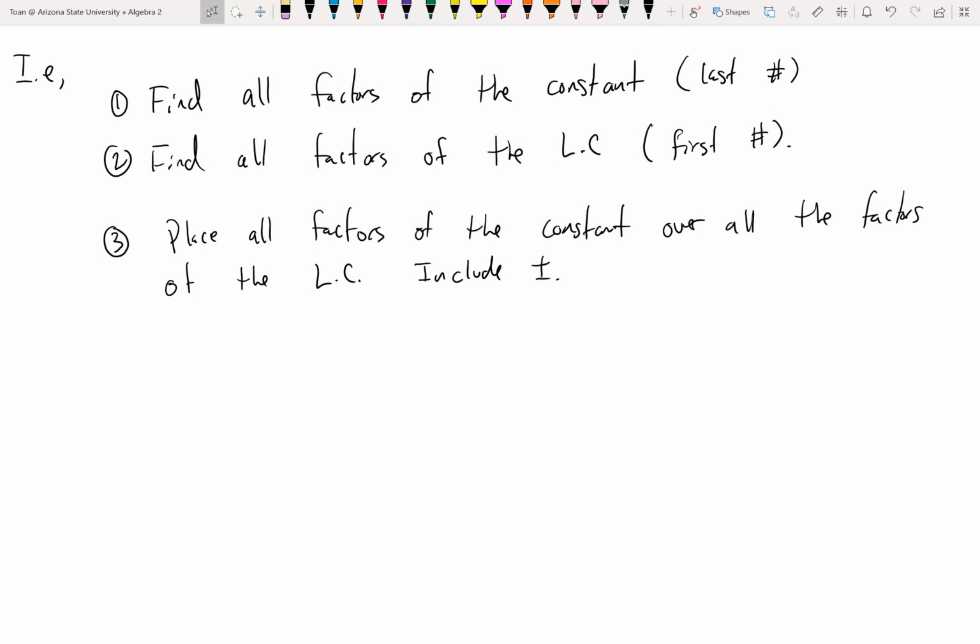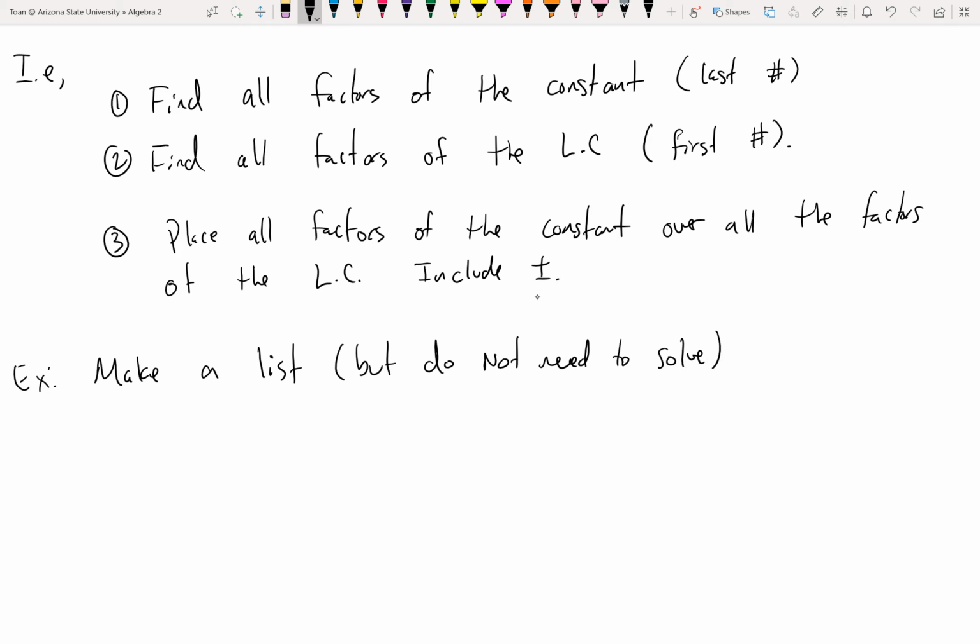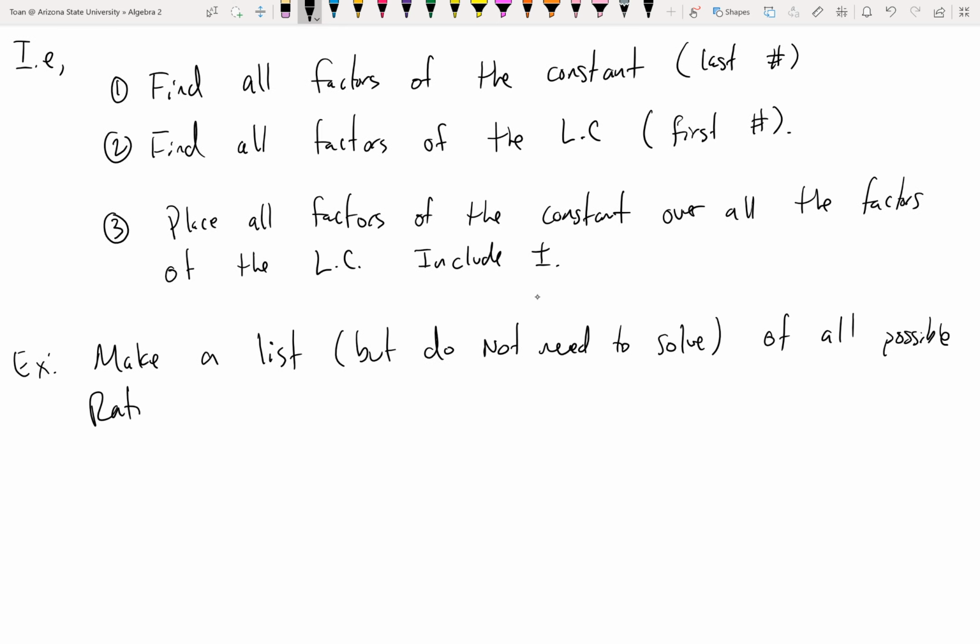So for example, if I ask you to make a list, but you do not need to solve, make a list of all possible rational zeros of f of x equals 6x cubed minus 3x squared plus 12.